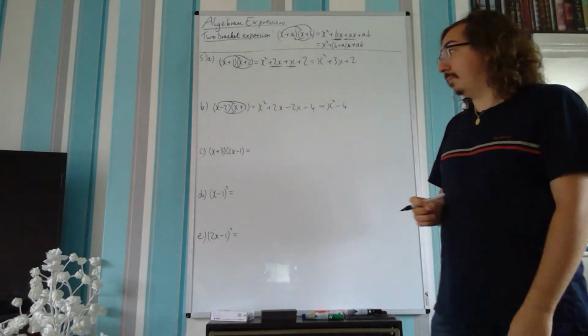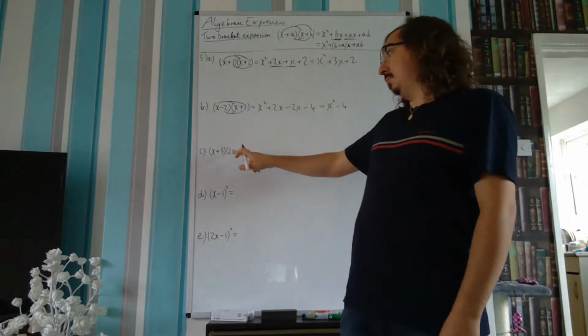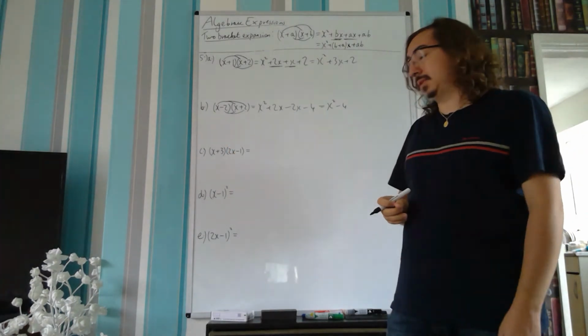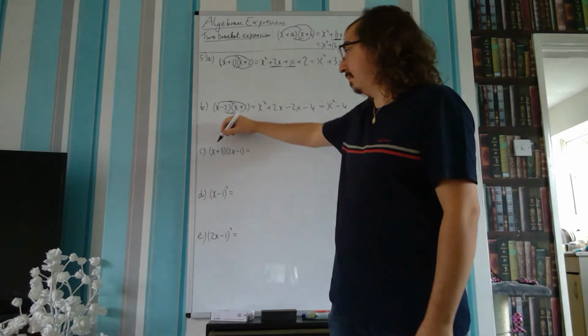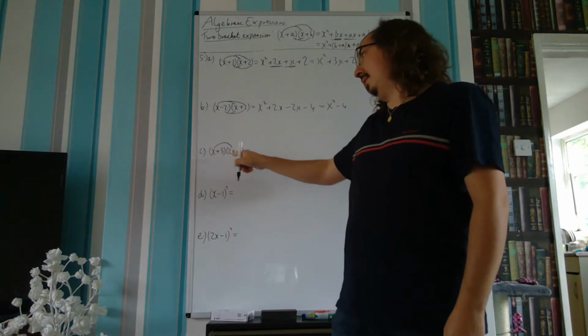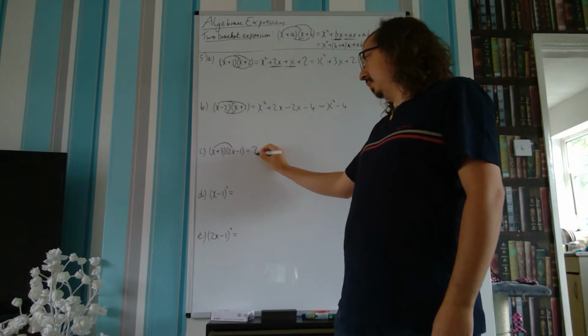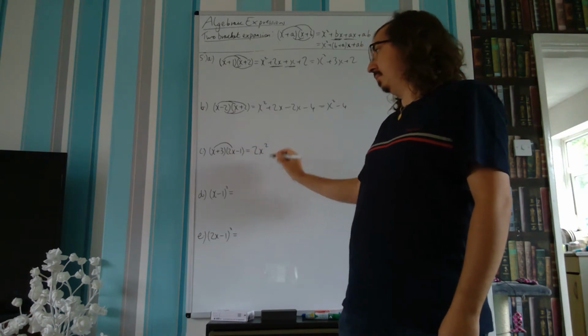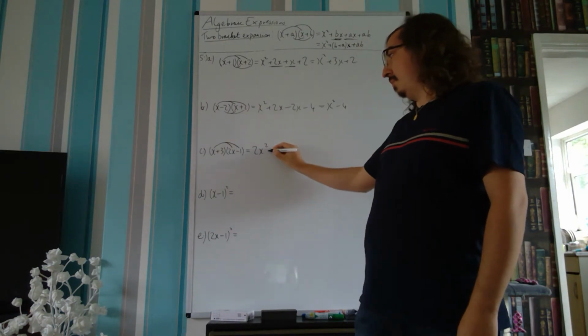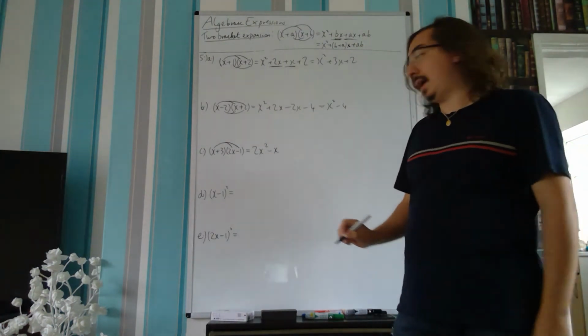Moving on to c then. Same process, but this time we have a coefficient in front of the second x term, but we tackle it in the same way. If we multiply the first expression, we have x times 2x, which gets us 2x squared. Then we go for the outer, so x times minus 1, which is minus x.